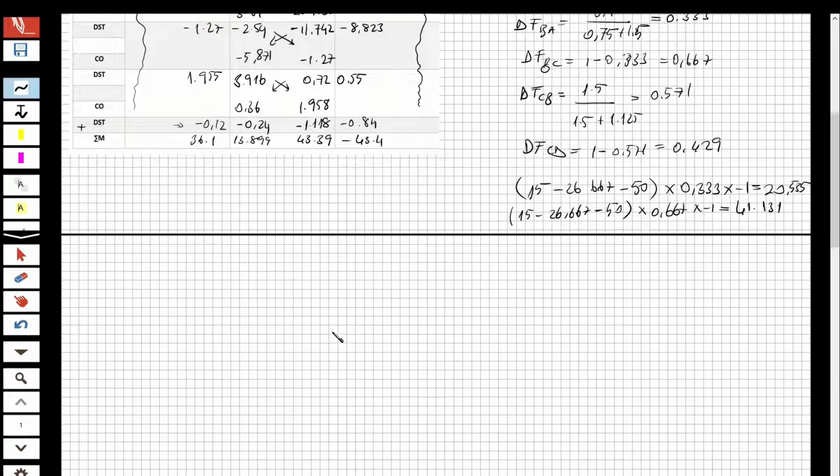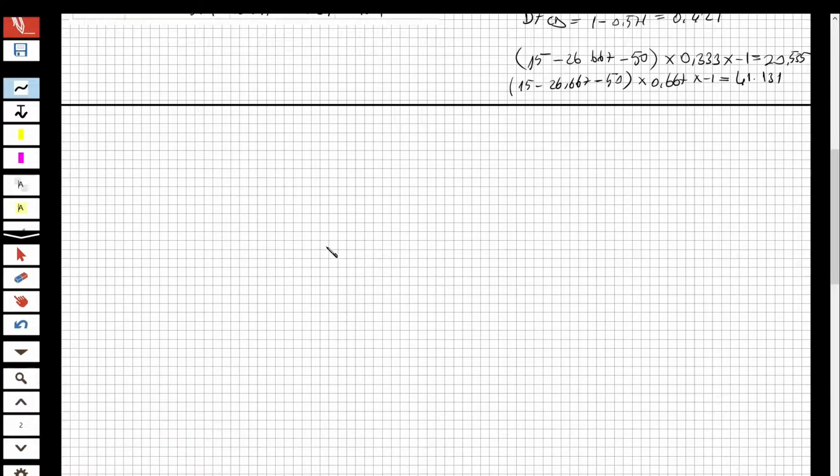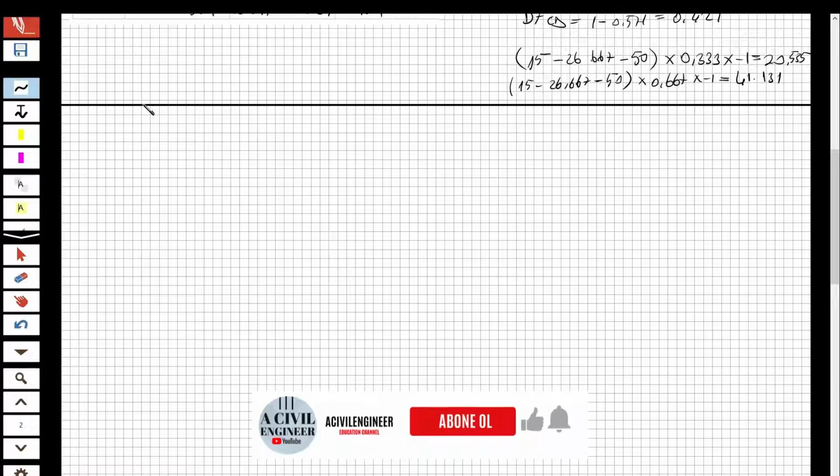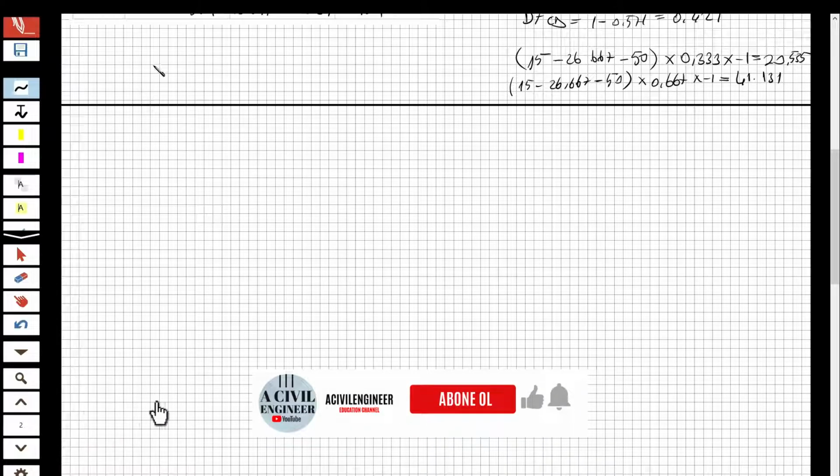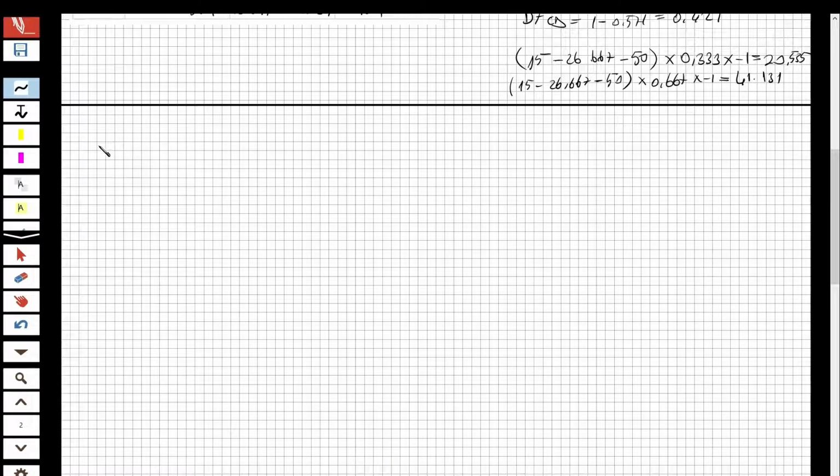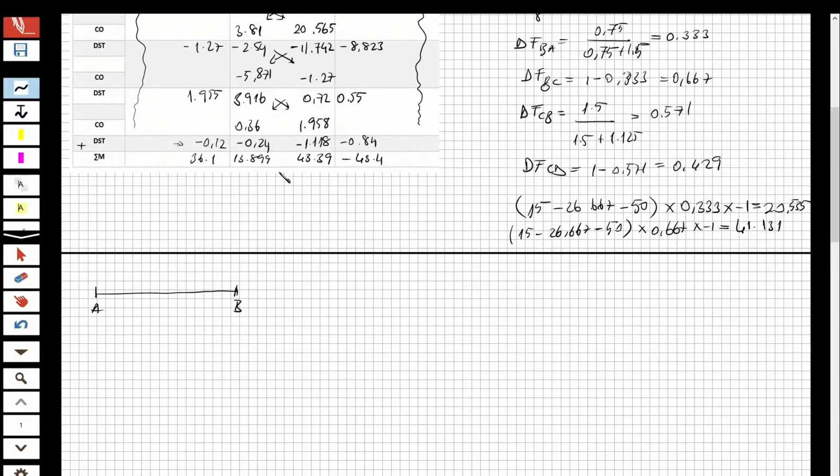So let's find the reaction forces and also shear forces, and then we are going to draw shear and moment diagrams. Okay, so now let's determine it. For example, this is our first part. This is A and this is B, and we have two moments here.